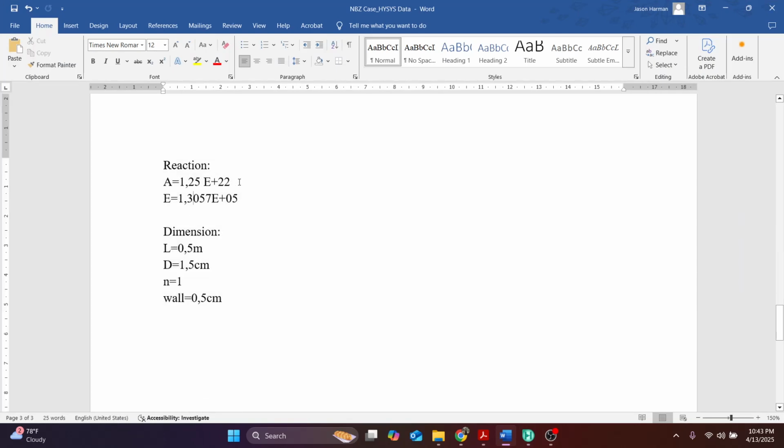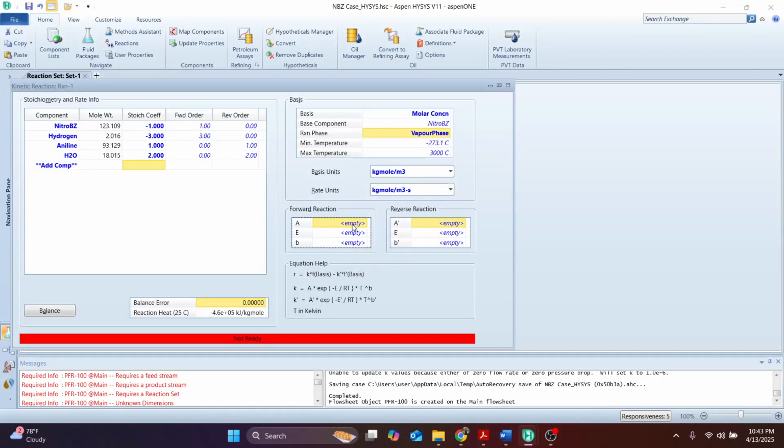I will be adding this to the forward reaction. Remember, we do not account for the reverse or the reversible reaction. We only see it as a one-way reaction.